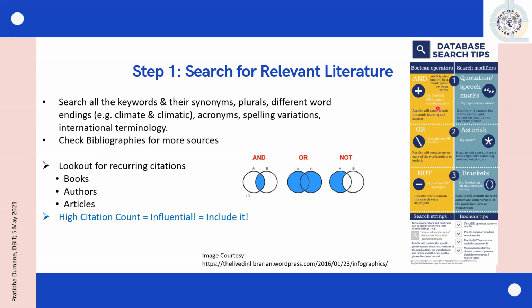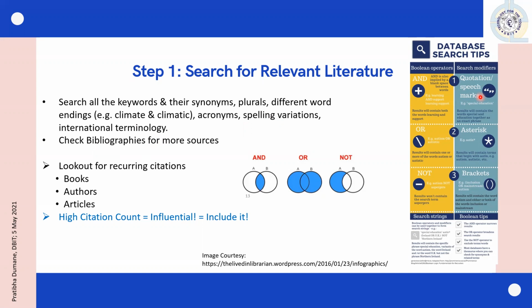Use Boolean operators like and, or, not, asterisk, brackets, quotations. Say for example, you might want to search about the tech company Apple. So then you can give a search term as apple, not fruit.